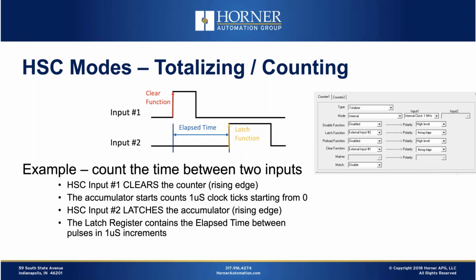So as soon as that second input goes high, we will latch the value in the accumulator, which will happen to be the number of 1 microsecond clock ticks since our first pulse went high. When we do a latch, we copy the current value of the accumulator into a second register called a latch register, and that way it'll be frozen in time while the accumulator will continue to increment with values beyond what we want to measure.